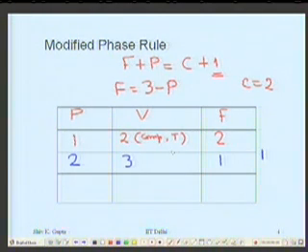That is, out of the 3 variables in the system, composition of phase 1, composition of phase 2, and the temperature, I can now fix any one of them if I want to see the equilibrium between phase 1 and phase 2. If I fix the temperature, the composition of phase 1 and the composition of phase 2 will be fixed. If I fix the composition of phase 1, then the temperature and the composition of phase 2 will get fixed. That's the meaning of it. I shall show you all this with the system.